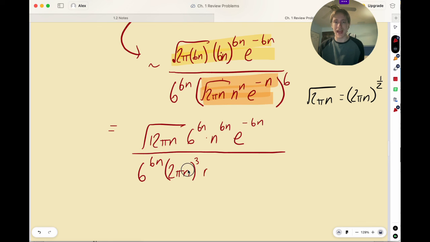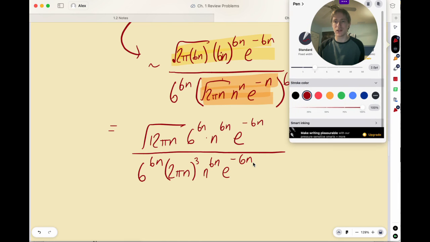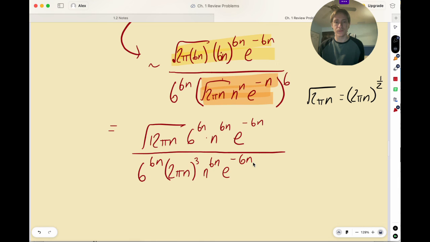Then we have n to the n to the 6th, which is n to the 6n. And then likewise e to the minus 6n. Okay, I believe that's everything, unless I'm mistaken. So now we can start canceling terms out. That cancels with that. That cancels with that. That cancels with that.